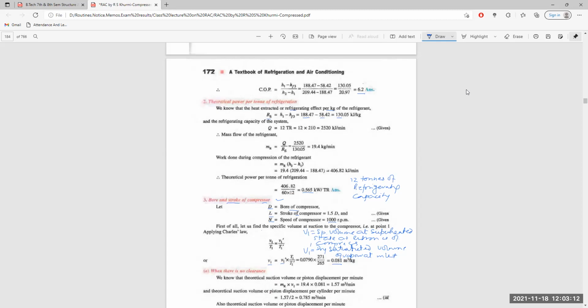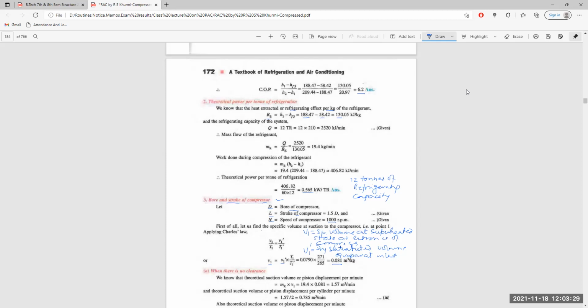So the temperatures are known, the dry saturated temperature is known, and the superheated temperature is calculated. If we put all of them together, we know the specific volume, the flow volume of the refrigerant at the entrance of the compressor itself.